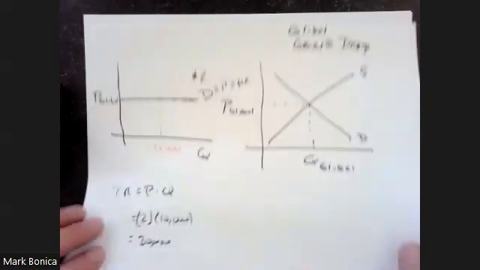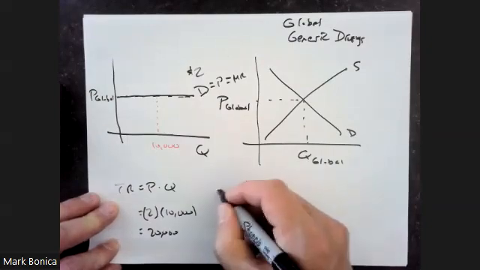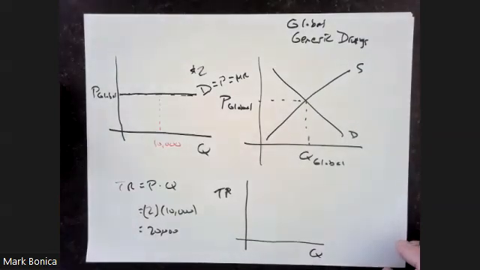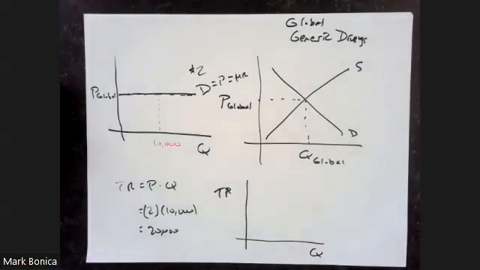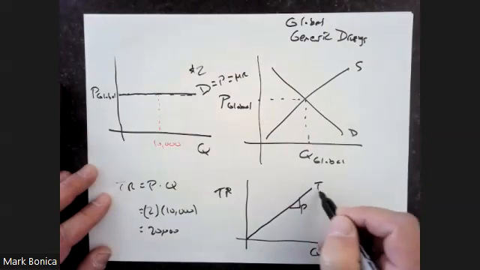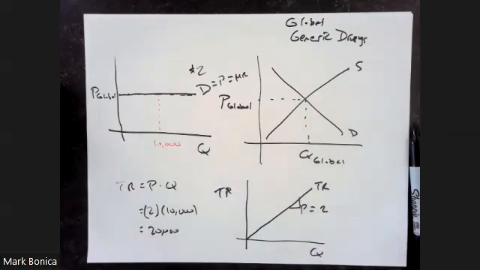So then if we decide to graph that as total revenue versus quantity, we get the same thing as we learned in finance, where we're facing a fixed revenue per unit, where the slope of the total revenue curve is equal to the price, right? Where if we do 1, we get 2. If we do 2, we get 4. If we get 3, we get 6, and so on, all the way out. That gives us a linear total revenue curve where the slope is equal to the price.